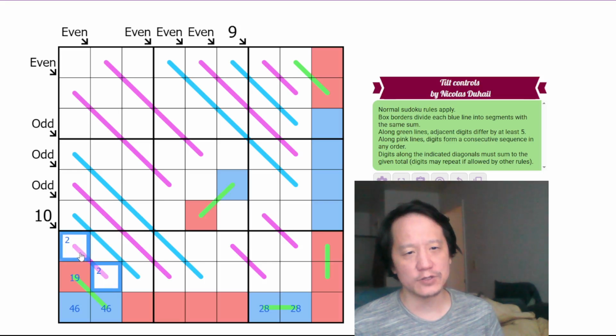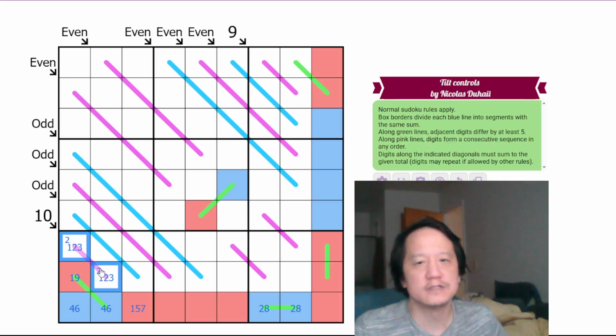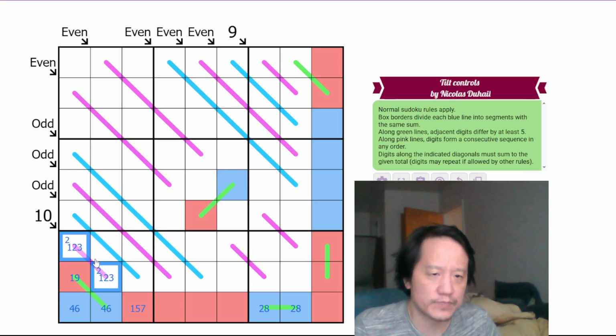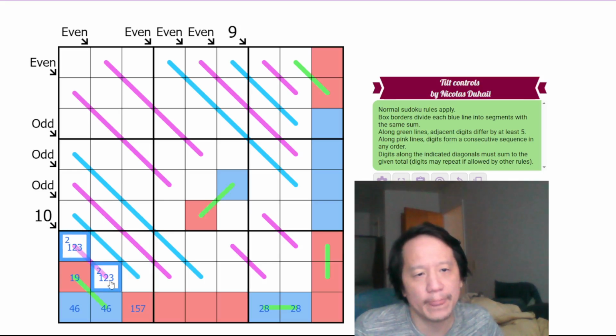And it has to be 2, because 2 can't be here because of the 2 there. And it could be 1, 7, 2, or 1, 7, or 2, 3, 5. And these have to form a pair that is consecutive. So we have a 2 guaranteed here.